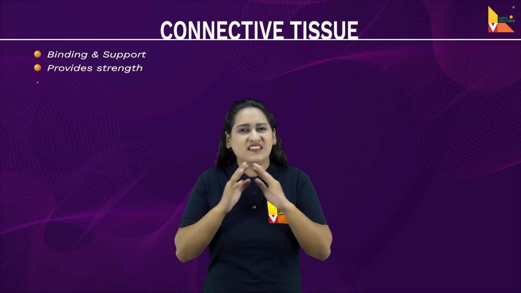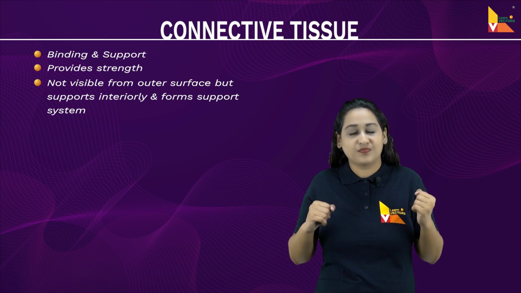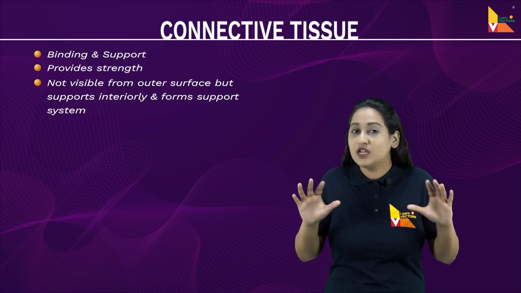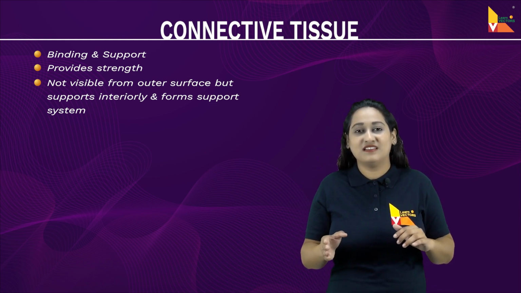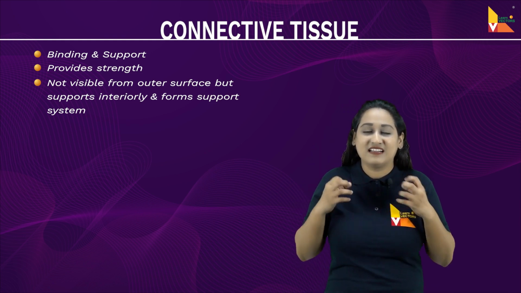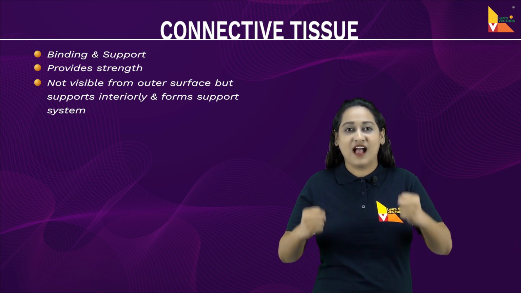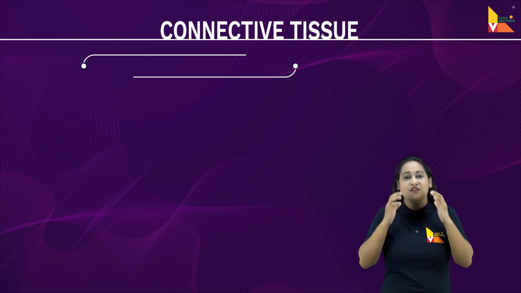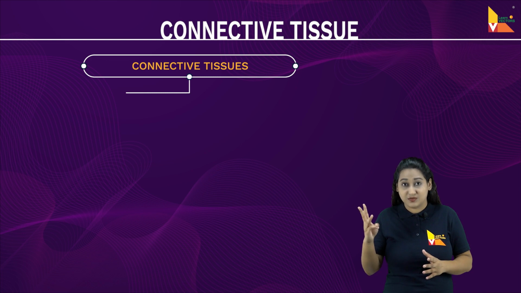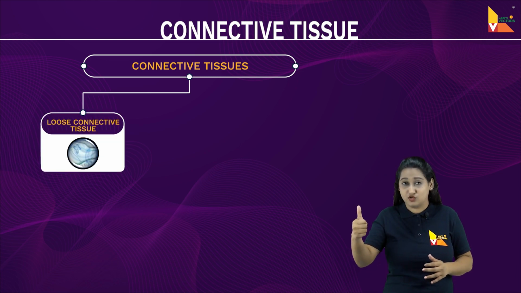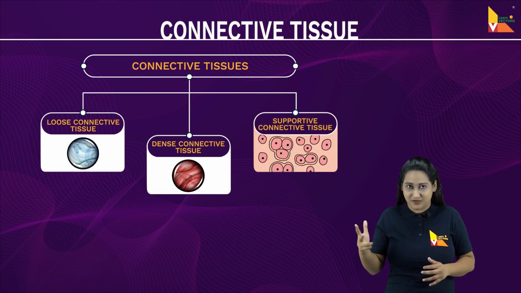Also, these tissues are not visible from the outer surface, but definitely they are present inside our body, connecting, binding, supporting, strengthening the body and the tissues, right? The connective tissue is divided into three types: loose connective tissue, dense connective tissue, and supporting connective tissue.